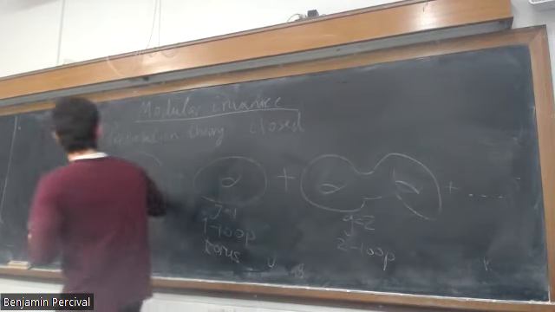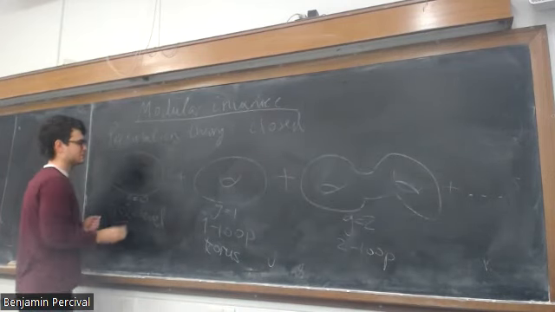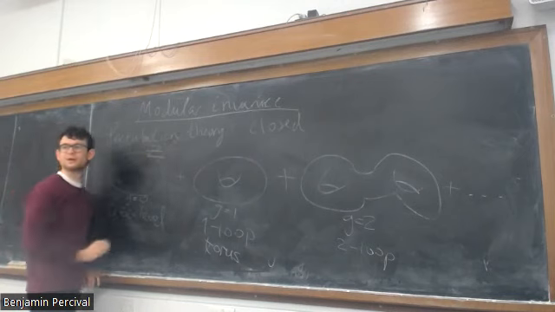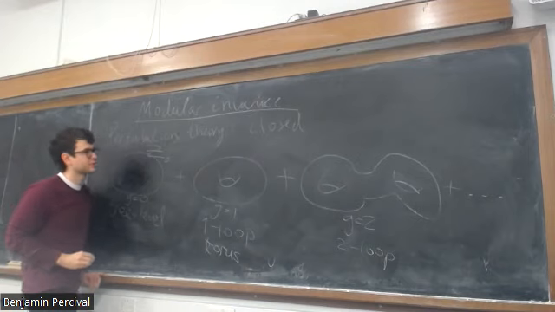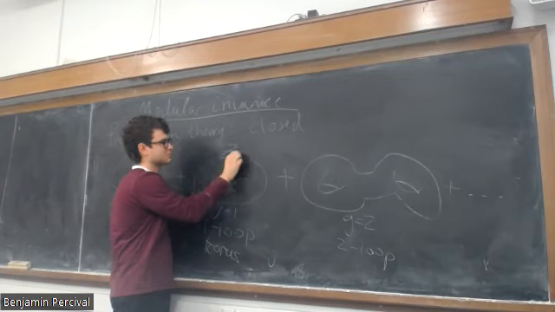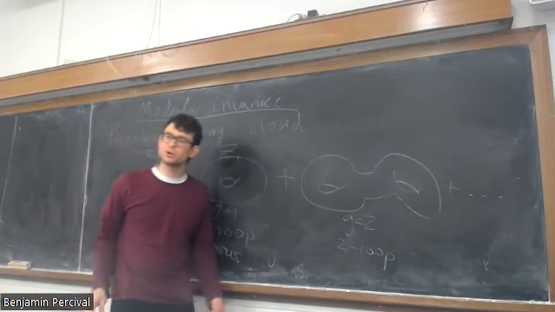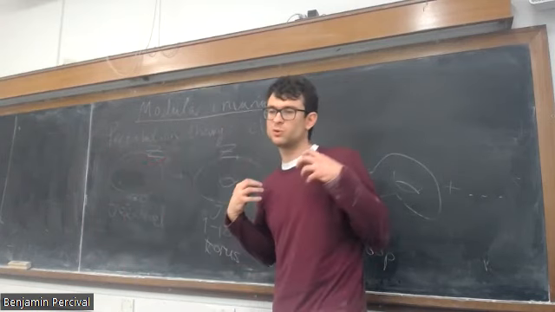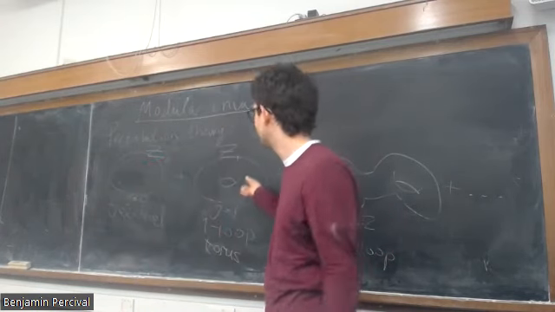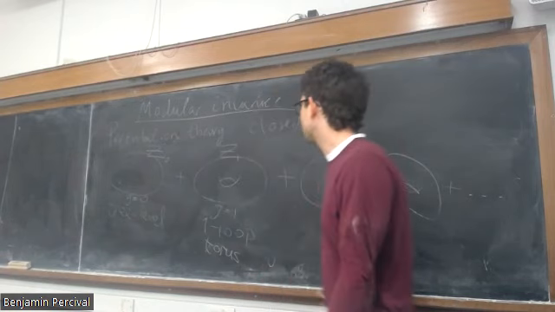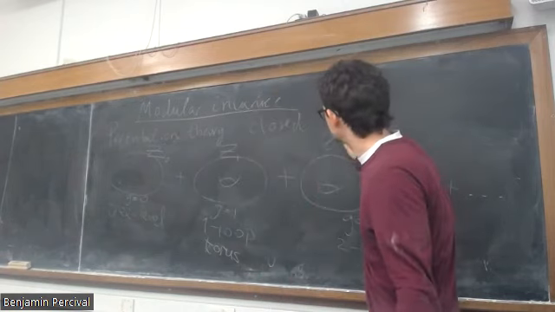So the first one, we have some object that we're going to define, partition function Z, and at tree level, Z0, let's say. Then at one loop, you're going to have something like Z1, the one loop partition function, which is going to give you all the information about the states that can propagate on this surface. And then you have Z2, etc.